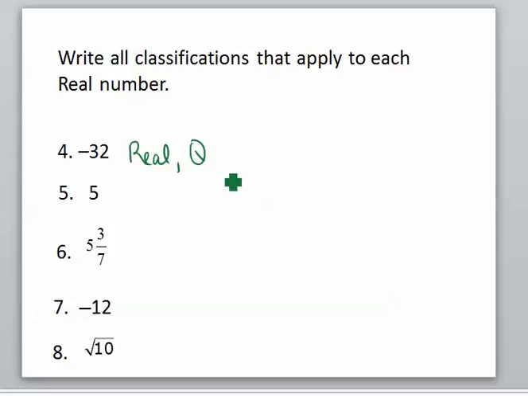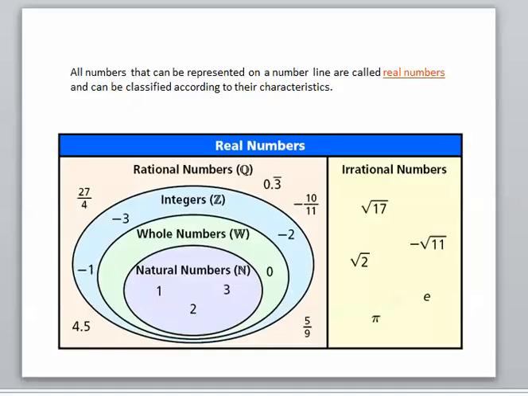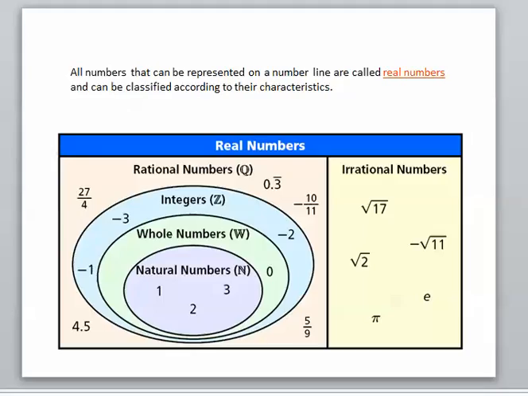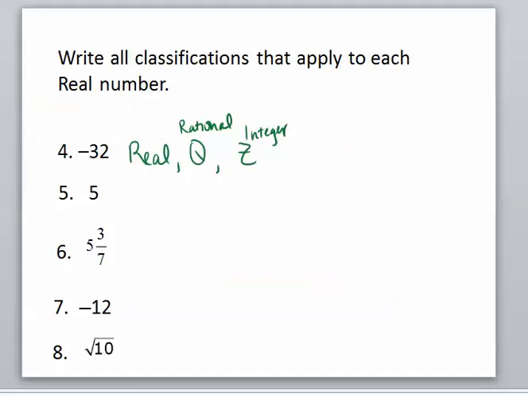I'll use Q for rational, and I'll write that above on this one. I'm not going to do this in all of them. And then the next subgroup is integers. Integers are negative numbers or positive numbers. This is a negative number, so it is an integer. The next subgroup is whole numbers. Well, it's not a whole number because it's not 0. So these are the 3 classifications that apply to that number.